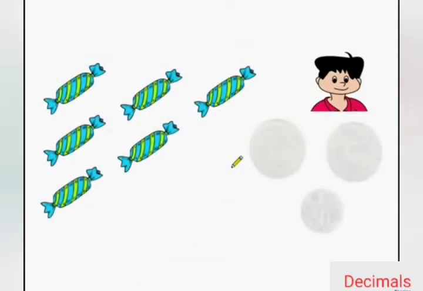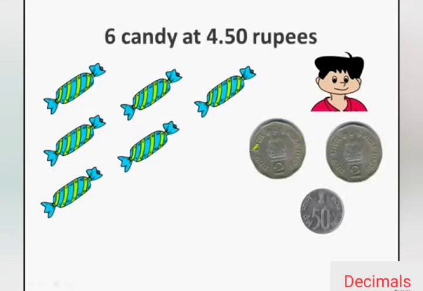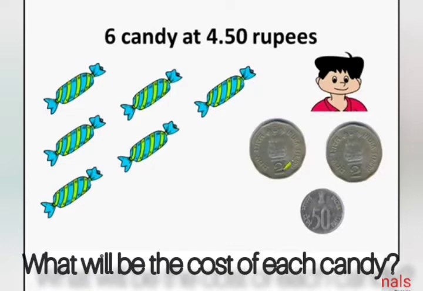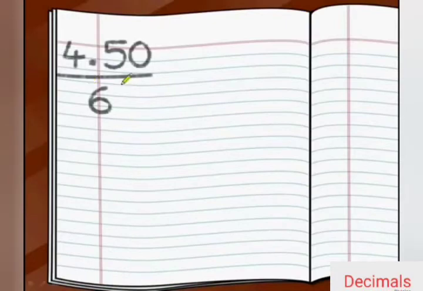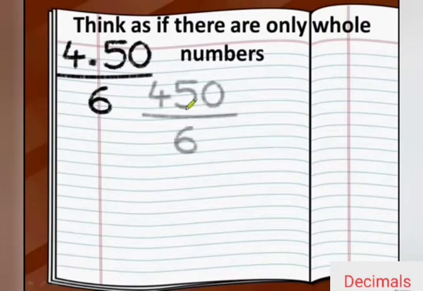Now another example. Suppose that a boy has bought 6 toffees at 4.50 rupees, 4 rupees and 50 paise. Then what will be the cost of each candy? I know that these coins are so old. Ignoring that, if we do the equation, yes, we will divide 4 rupees 50 paise by 6. Doing the same thing, ignoring the decimal, we will write 450 divided by 6.